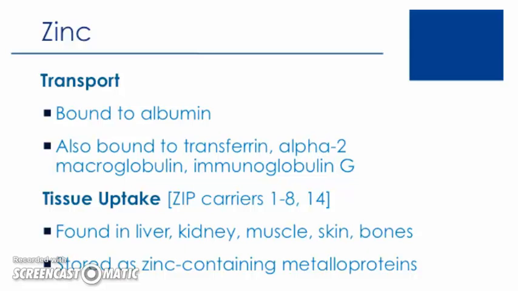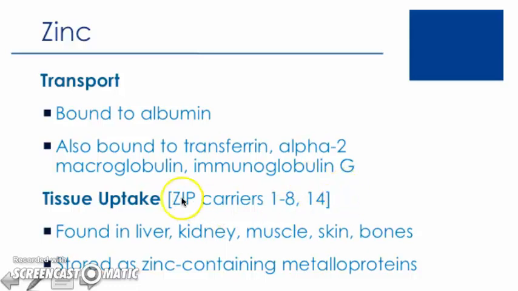We will review the cellular uptake of zinc in different tissues in the body. So there are a number of these ZIP carriers. So we saw the first ZIP carrier involved in the absorption of zinc. So that was the ZIP4 carrier that was embedded within the brush border membrane of the enterocyte.